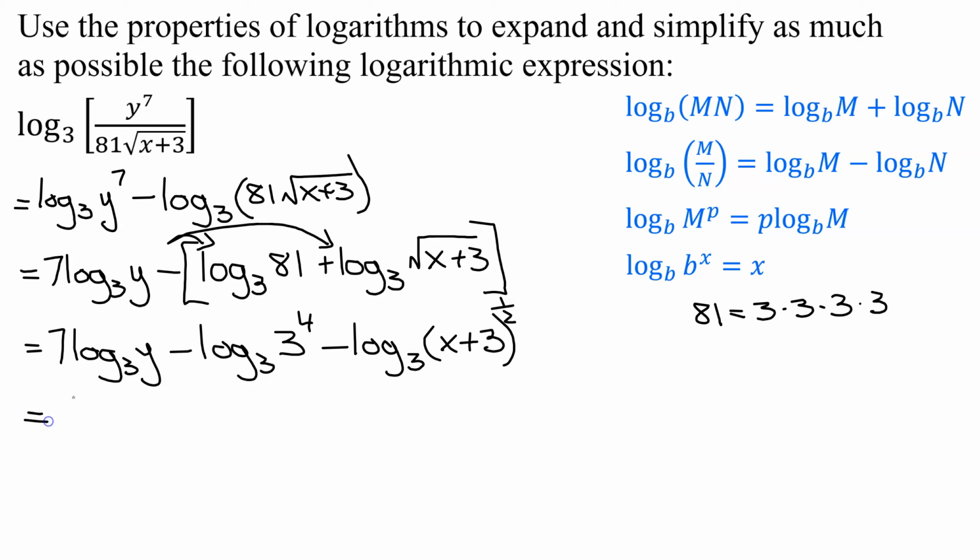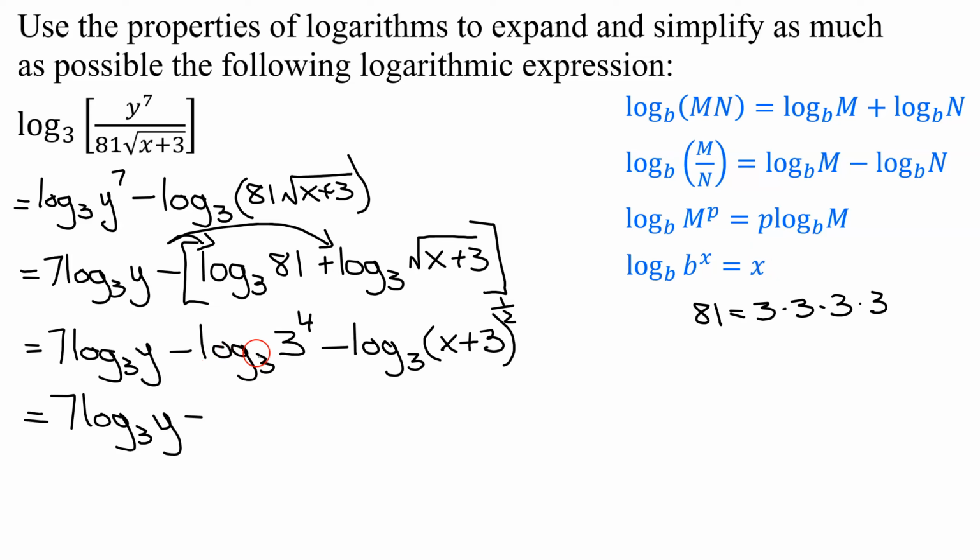Almost done. First term stays the same, so I have 7 times log to the base 3 of y minus, now what is log to the base 3 of 3 raised to the 4th power? This uses an inverse property of logs that says log to the base b of b raised to the x is just x.